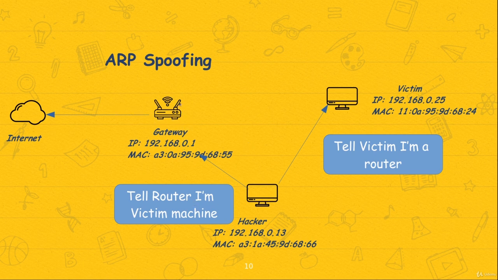Instead of traffic going directly from the router to the victim machine, it is flowing through your machine, and then you can simply read everything that is communicated between these two devices. For example, if the victim machine is sending its password or username over the network, you can easily intercept it and read what the user's password is.